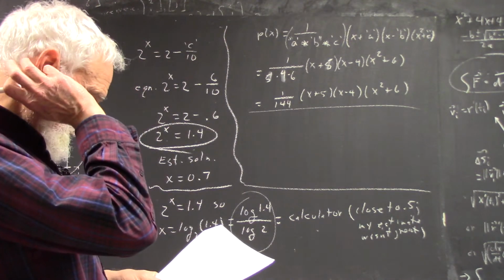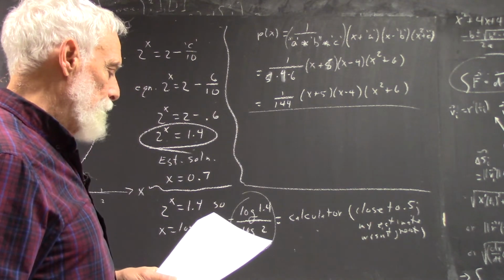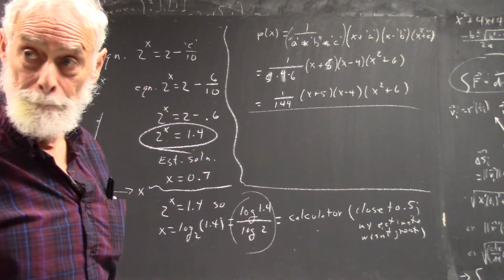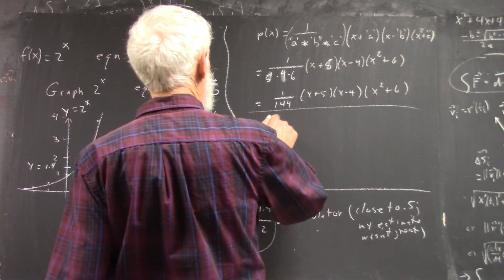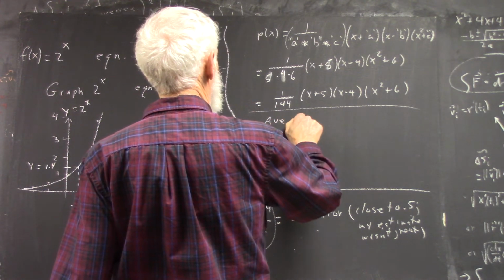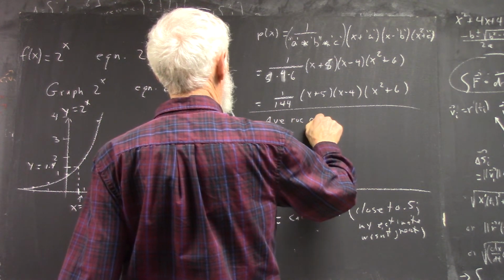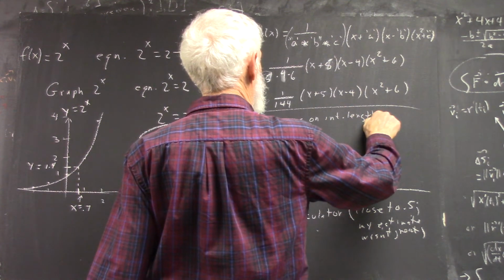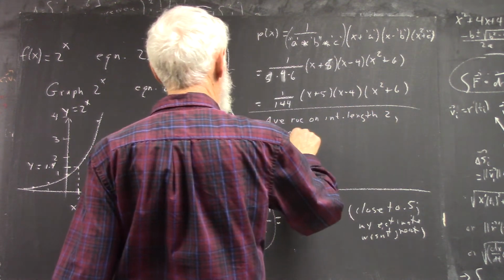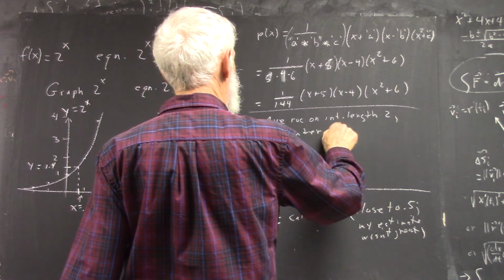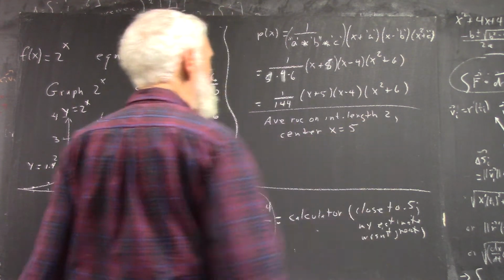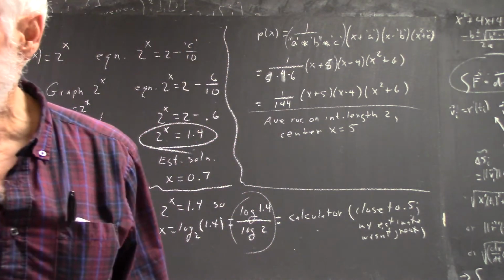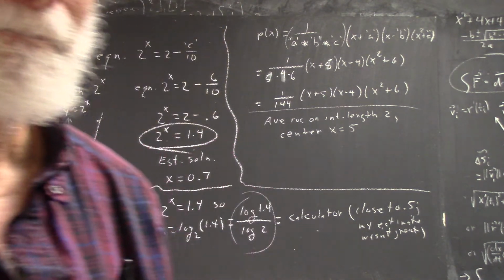Okay, so what's the average rate of change with respect to x on an interval of length 2 centered at x equals a? Now I'm going to assume we know that in my case a is 5 and you know what it is in yours, so I'm just going to write that down, okay?